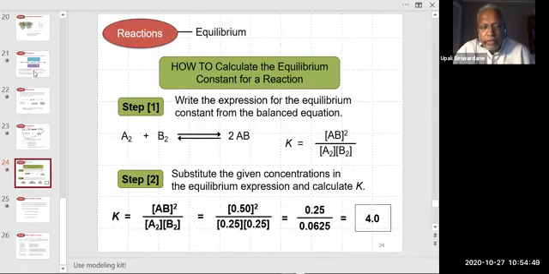In this case, the AB concentration is 0.50, and A2 and B2 are 0.25. You can figure that out from the wording of the problem. When you calculate the equilibrium constant for this reaction, it is 4.0. It is larger than 1, so the reaction is product favored. Most of the reactants are gone, and a large amount of products is present at equilibrium.